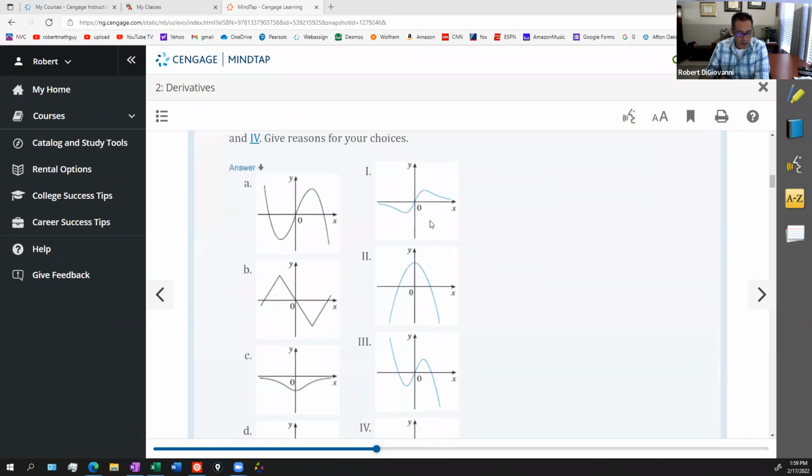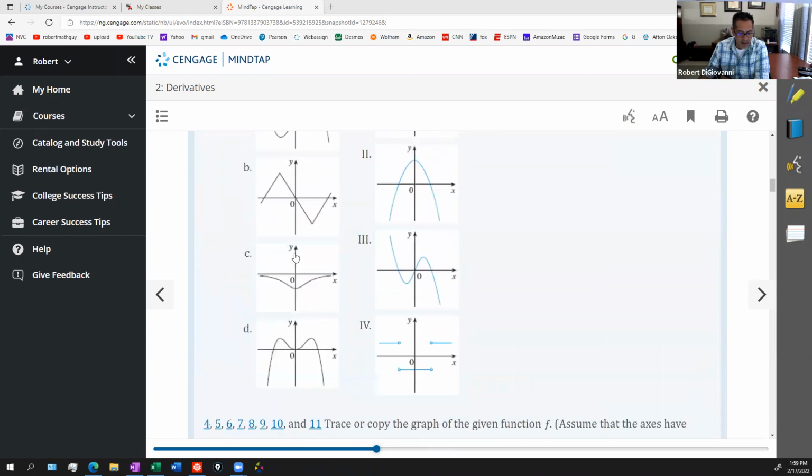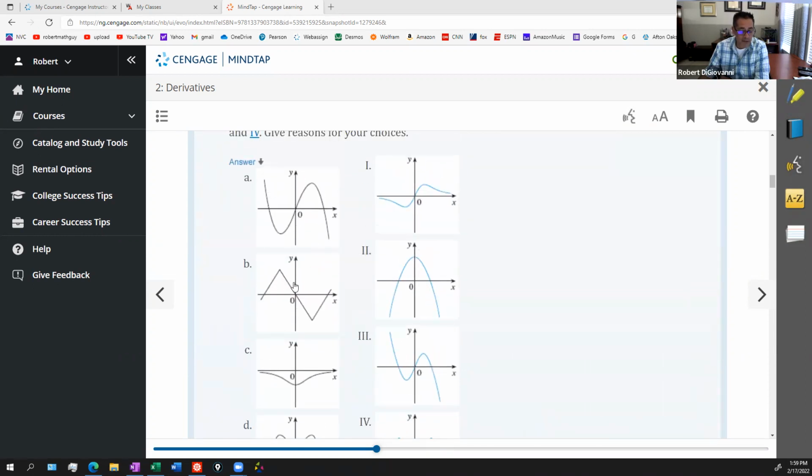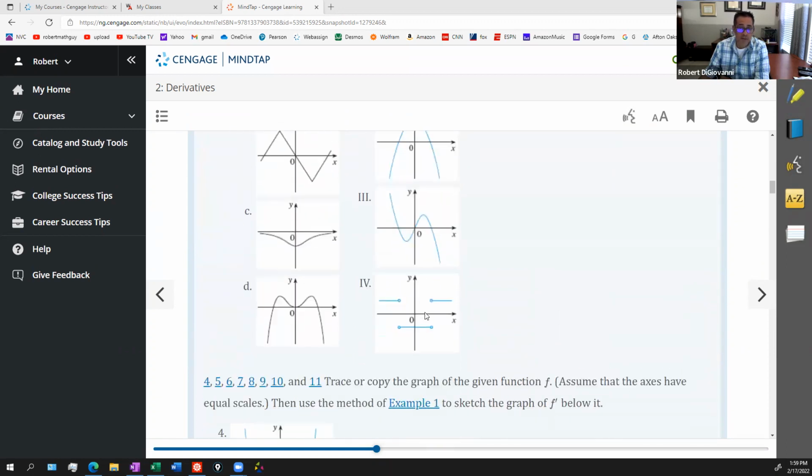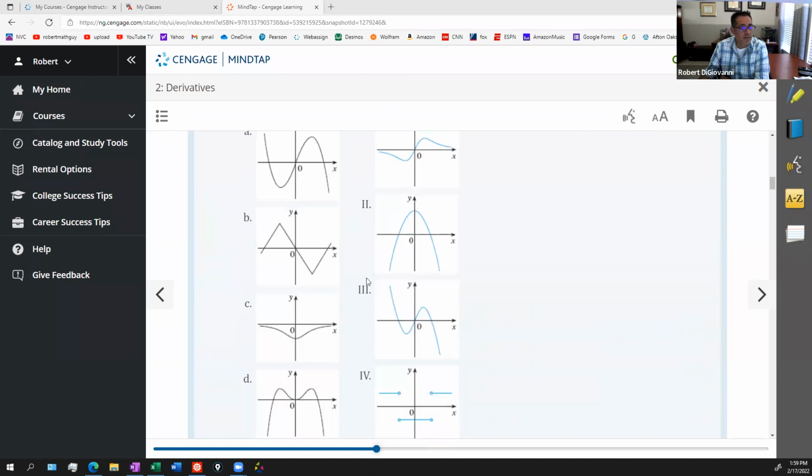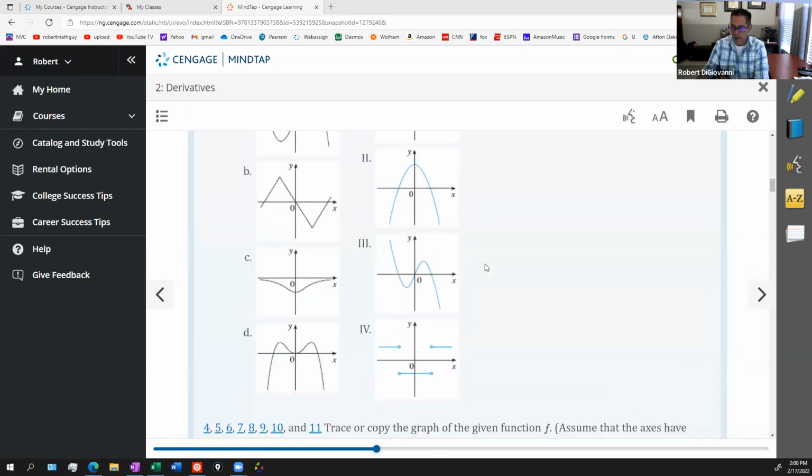They give you A, B, C, D. So they give you 4 graphs of 4 functions, and then they give you 4 graphs of 4 derivatives, and you're supposed to match which derivative goes with which graph. So, for example, on this one, remember we said with line segments, those have fixed slopes, right?